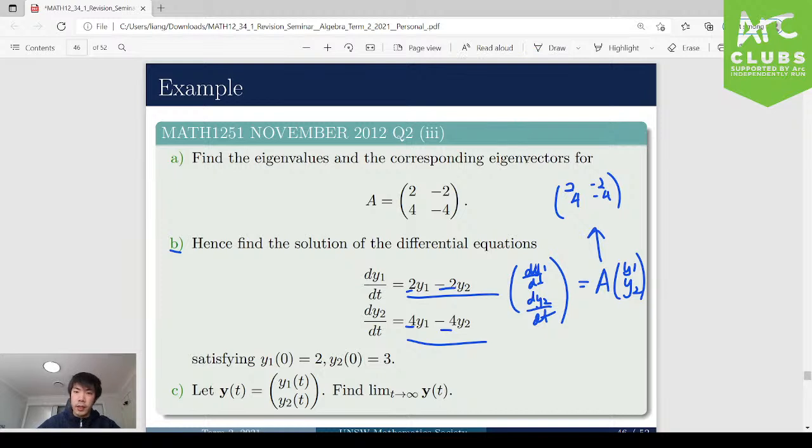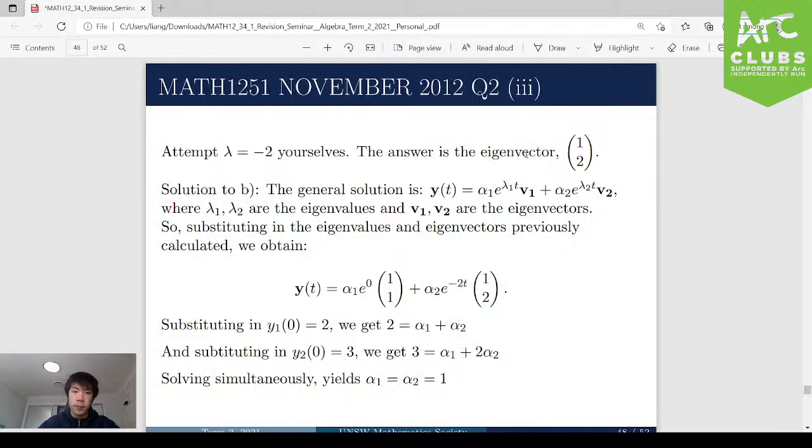Using what we learned on the previous slide, our general solution for part B would be some scalar alpha 1 times e to the power of the first eigenvalue times t, times the eigenvector corresponding to eigenvalue 0, plus alpha 2 times e to the power of the second eigenvalue, negative 2, times t, times the eigenvector corresponding to eigenvalue negative 2.